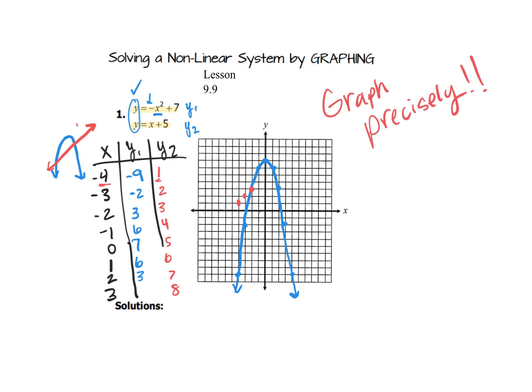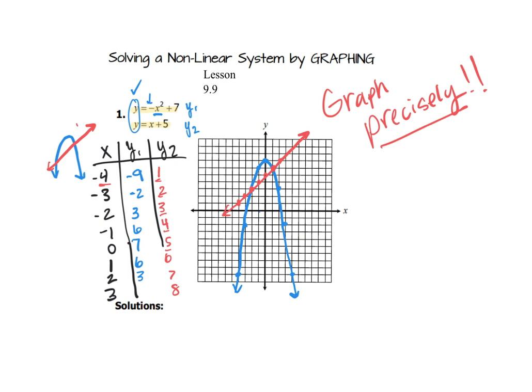That's important. Then -1 and 4. Again, I'm looking at all these numbers in my red column. 0 and 5, 1 and 6. We're on top of that other parabola right now. And 2 and 7, and so on. Okay, so I graphed it precisely as we were instructed.